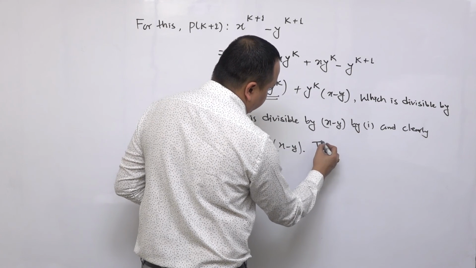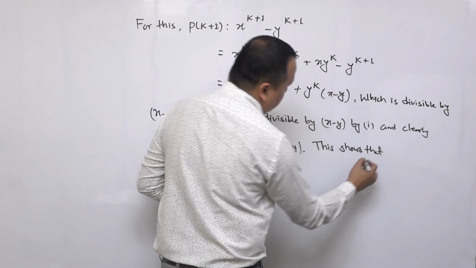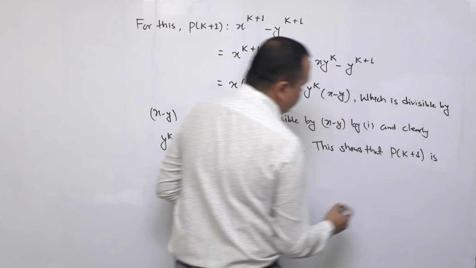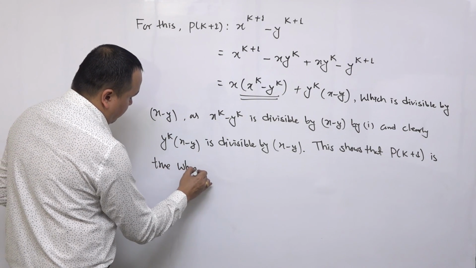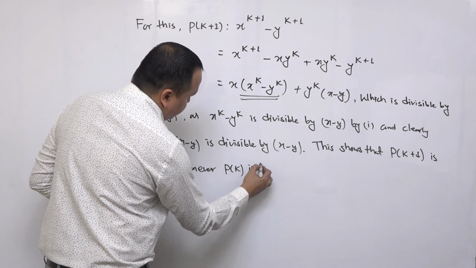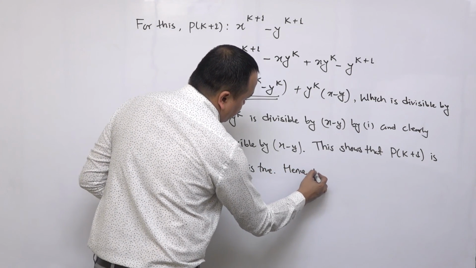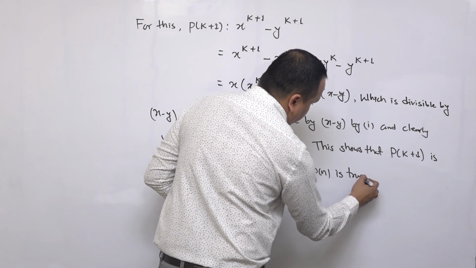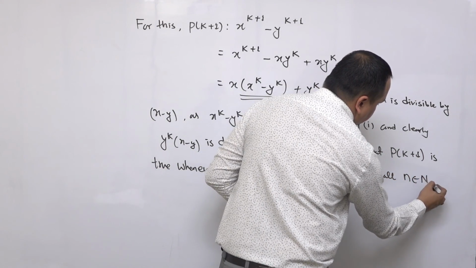This shows that Pk plus 1 is true whenever Pk is true. Hence Pn is true for all n belongs to natural numbers.